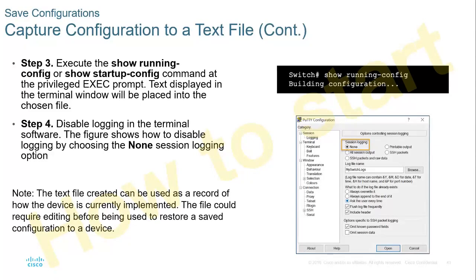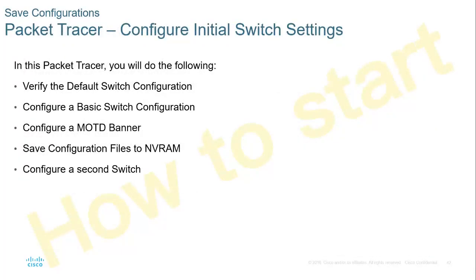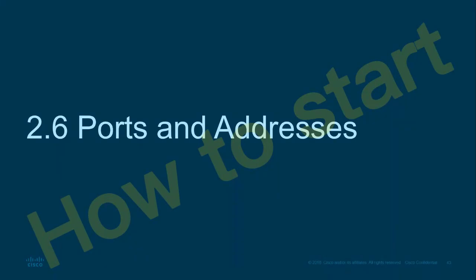You can do session logging, you can disable logging, kind of just depends on what you want. We have Packet Tracer outlining how to do the basic configuration and how to do the saving, and how to configure a switch.